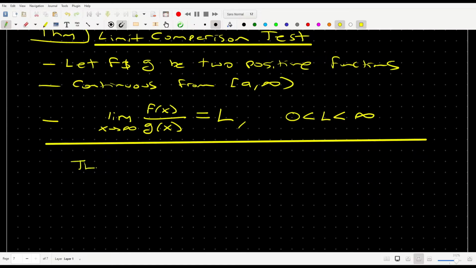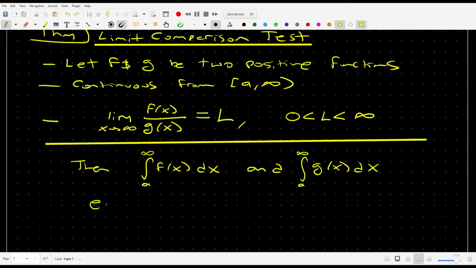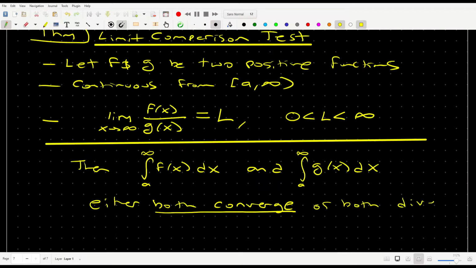We have that then the improper integral from a to infinity of f of x and the improper integral from a to infinity of g of x either both converge or both diverge.